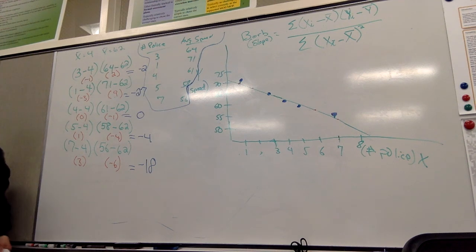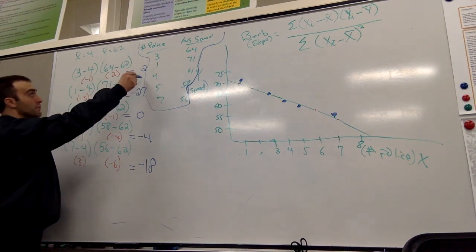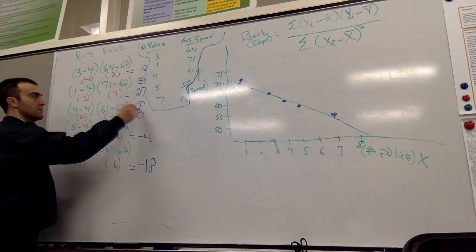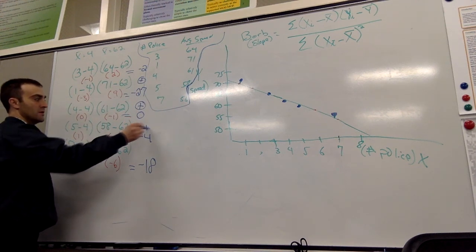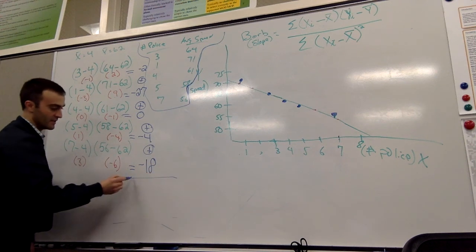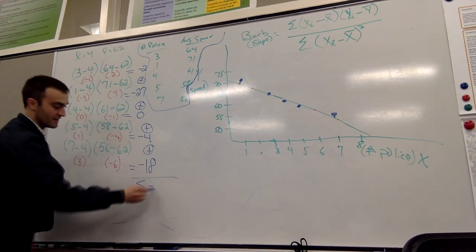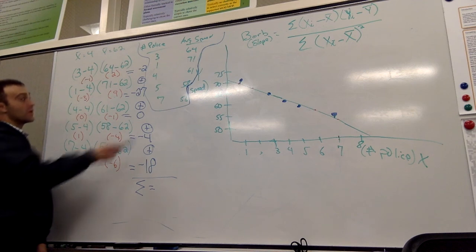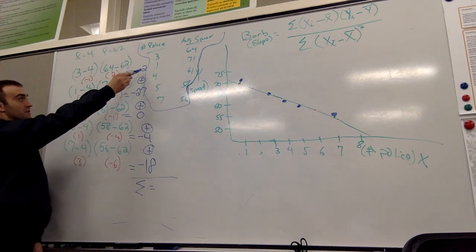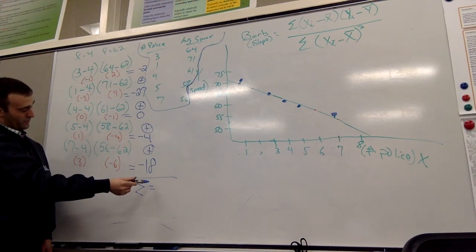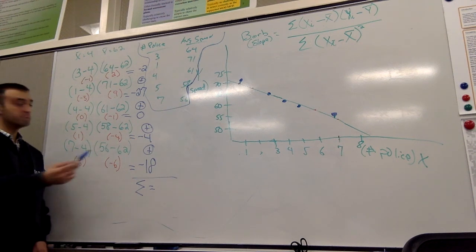Step 4, add them all up. So everything in blue that we've just done, negative 2 plus a negative 27 plus a 0 plus a negative 4 plus a negative 18. And that will get you that summation and get you the numerator. Yes, so we've got a bunch of negative numbers. So you see a negative 29, negative 33, negative 51.